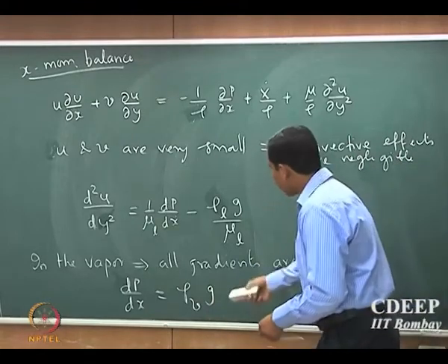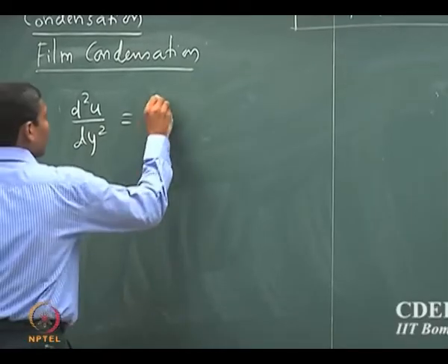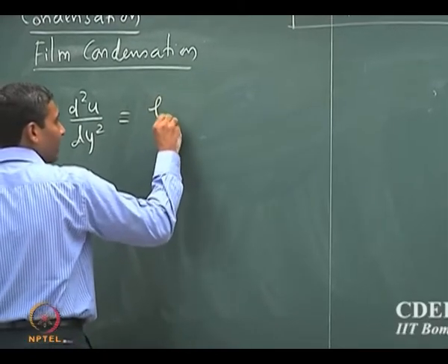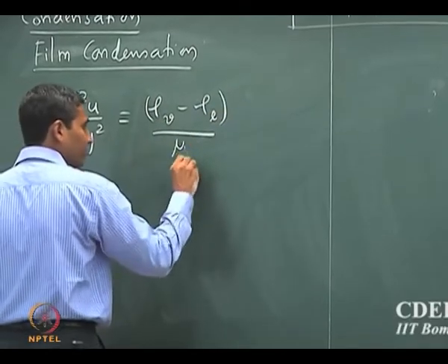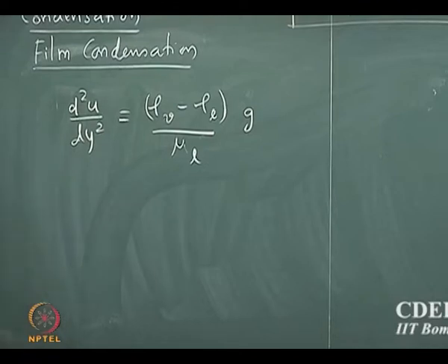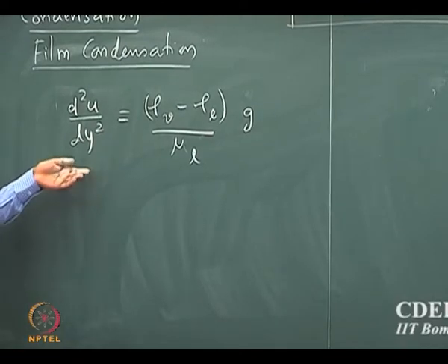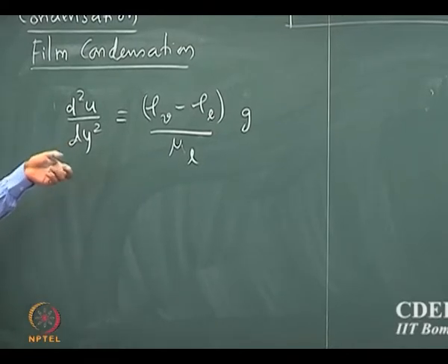So now if I plug in that quantity, you have d square u by dy square equal to rho vapor minus rho liquid divided by mu liquid into gravity. That provides a mechanism to find the x component velocity profile inside the boundary layer.